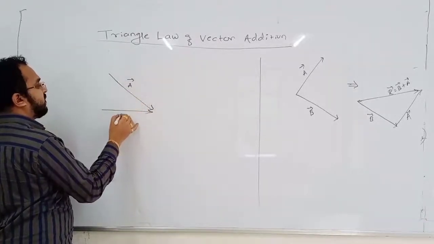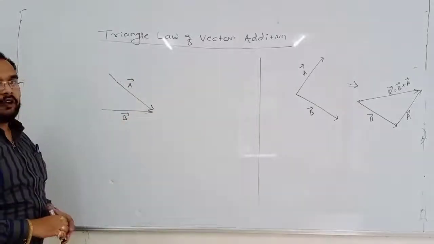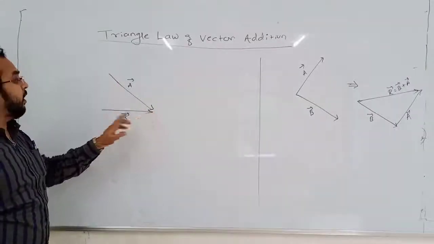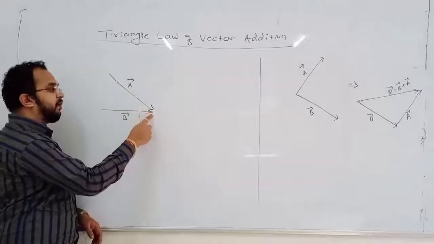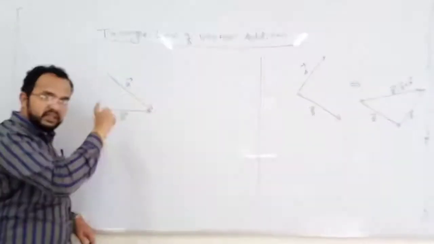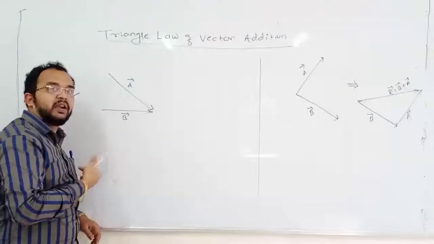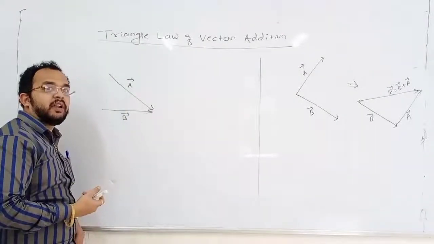This is vector A, this is vector B. Not following means tail, head, tail. Following means tail, head, and then tail, head, one after another. One is leading, one is lagging, one is ahead, one is behind.